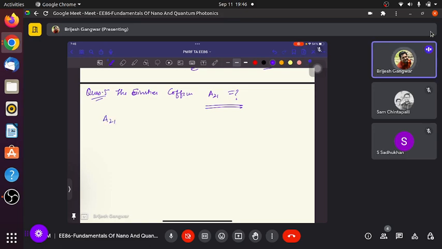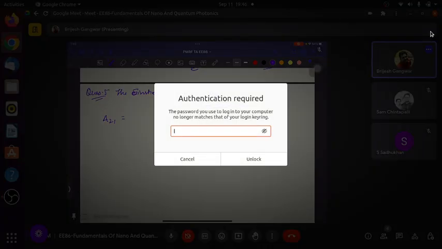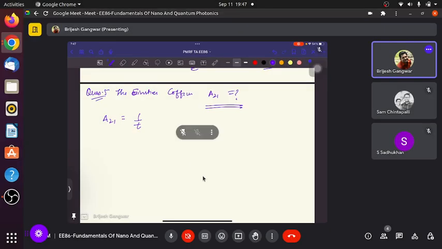So A21 equals 1 upon tau, which is 1 by 2 into 10 to the power minus 9, equal to 5 into 10 to the power 8 second inverse. So this will be the answer.